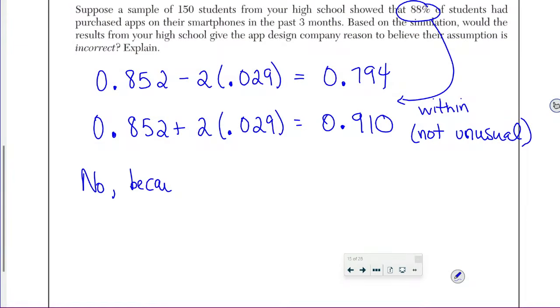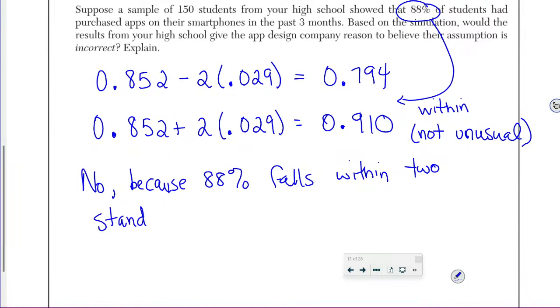because 88% falls within 2 standard deviations of the mean.